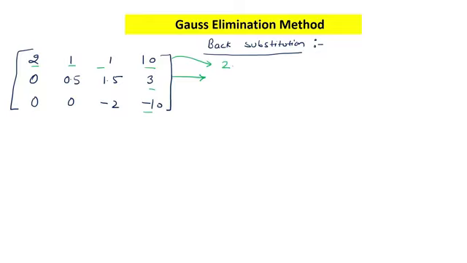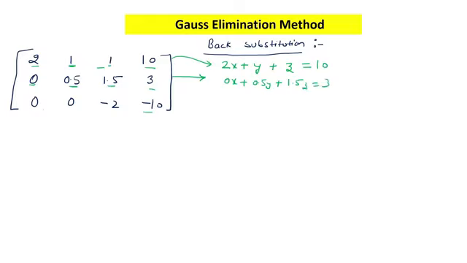So we have to write 2x plus y, and the coefficient is 1, so we can simply say z equal to 10. In a similar manner, this is 0x plus 0.5 into y plus 1.5 into z equal to 3.